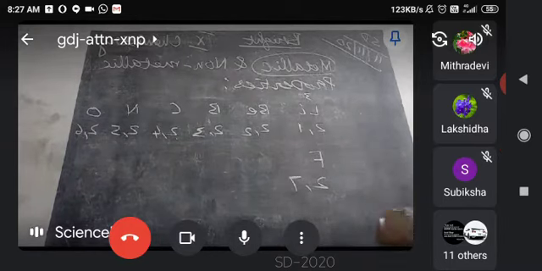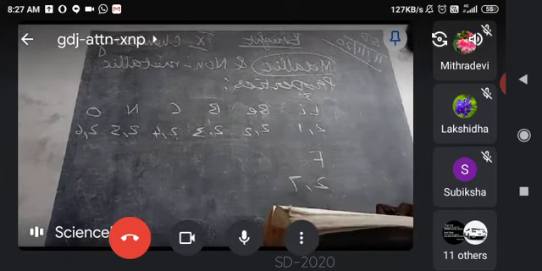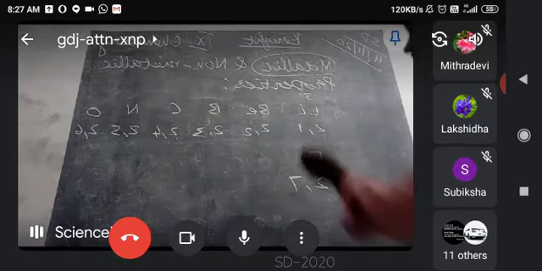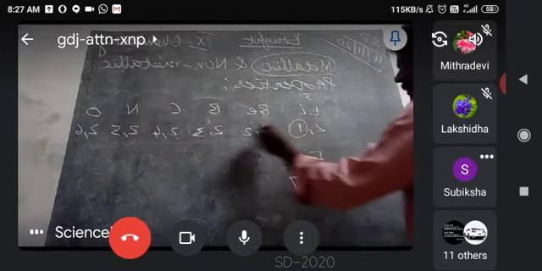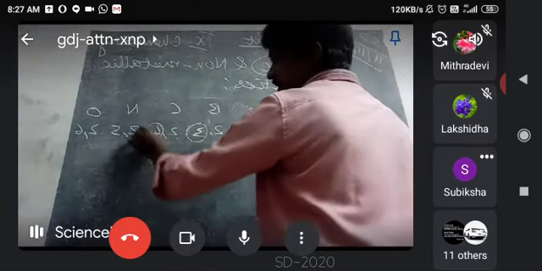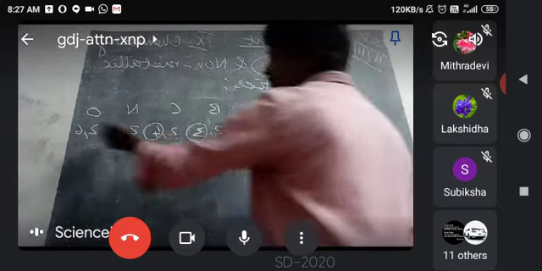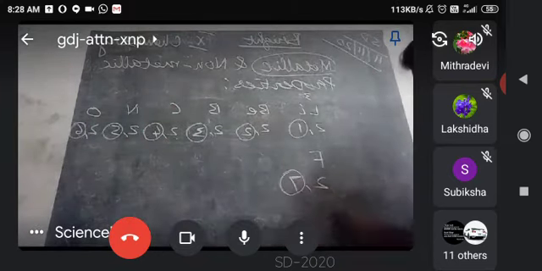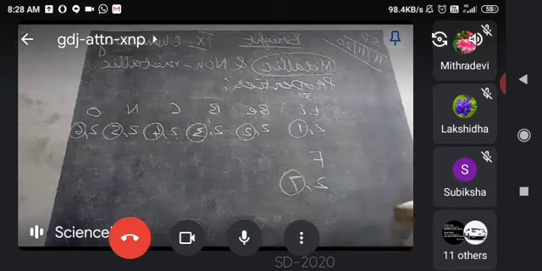What they have told is the effective nuclear charge acting on the valence shell electrons. Which are the valence shell electrons here? In the last, outermost shell, we have the electrons 1, 2, 3, 4, 5, 6, 7. And the next thing they have given: valence shell electrons increase across a period.